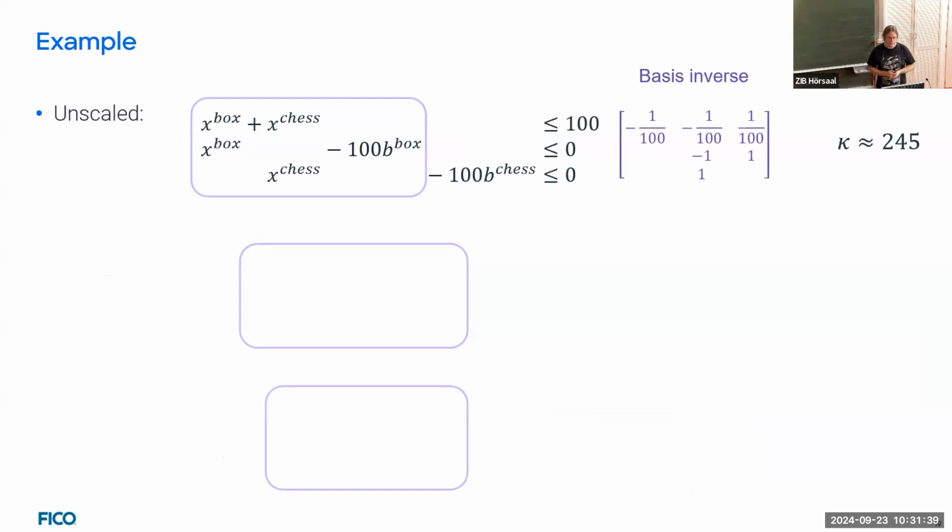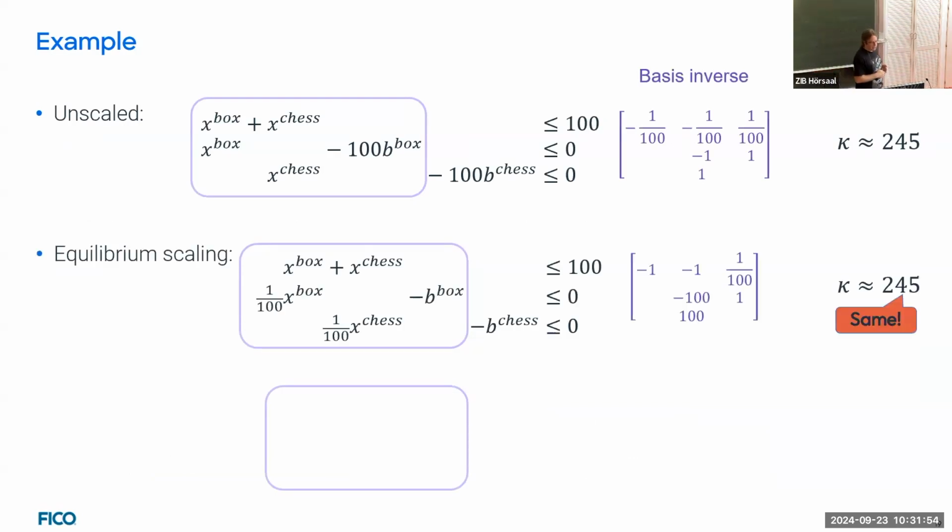And if you consider the unscaled problem for this potential basis, this would be the basis inverse. And if we do the calculation that I showed before, the condition number of this is 245. Okay. If we apply equilibrium scaling, what would that mean? Okay, we have coefficients that are larger than 1 here.